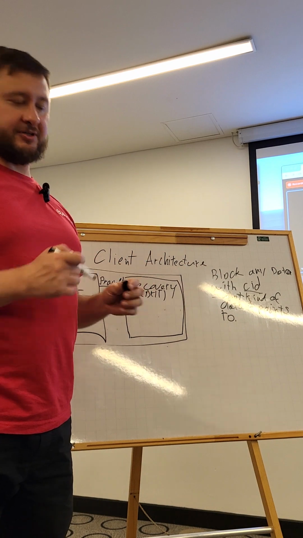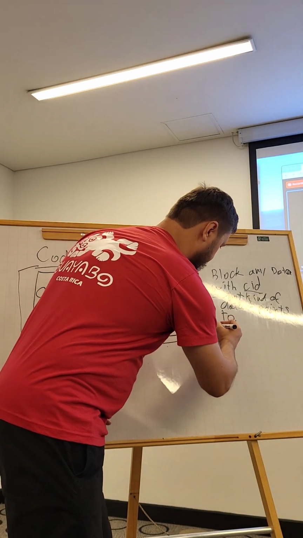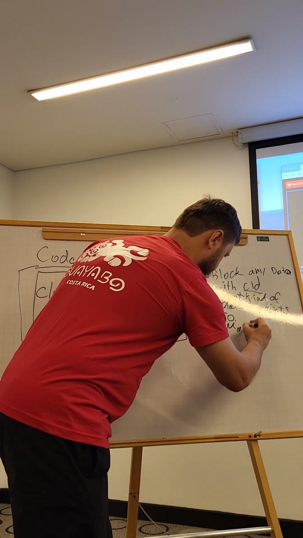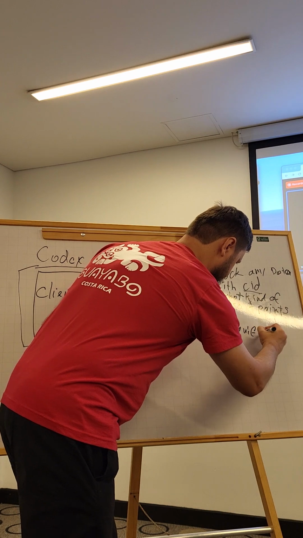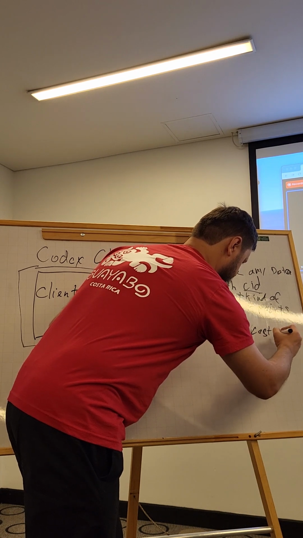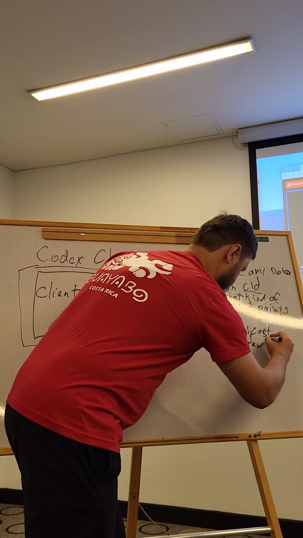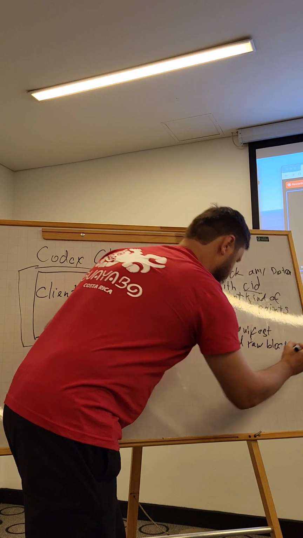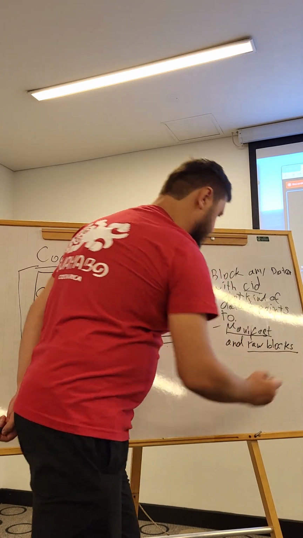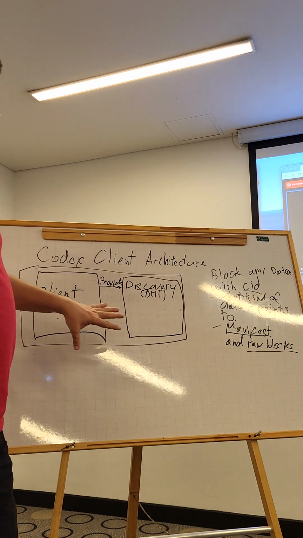There are two types of blocks in the system right now: manifests and raw blocks. So what happens when we get a CID?